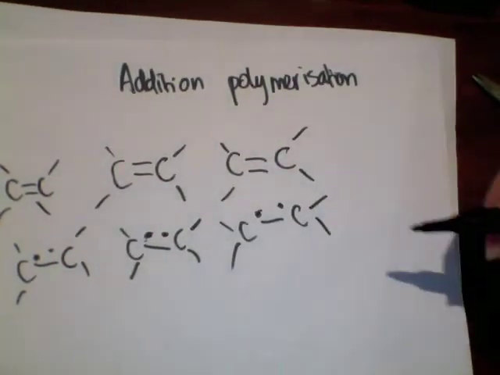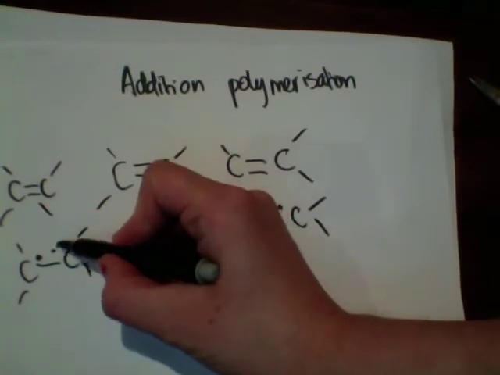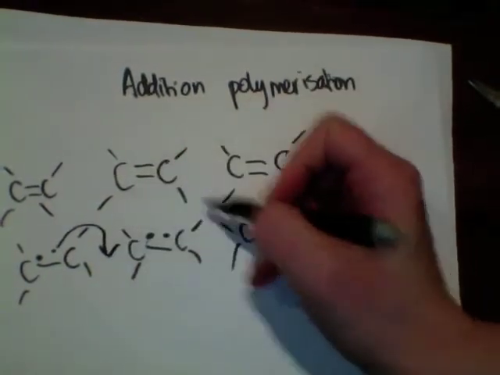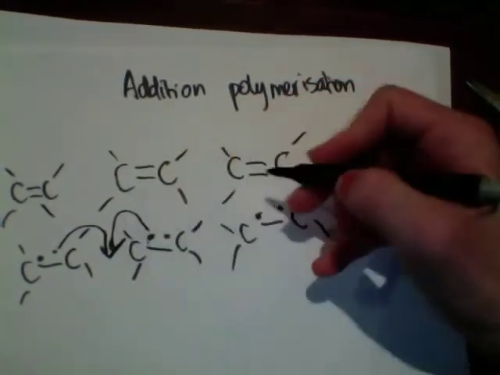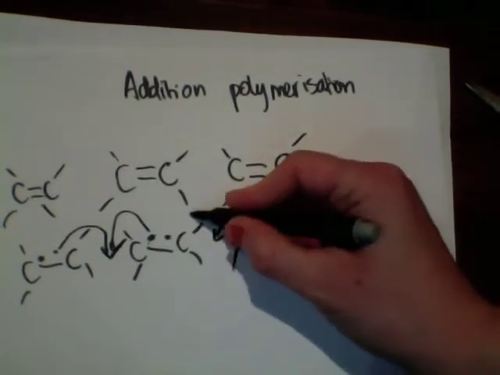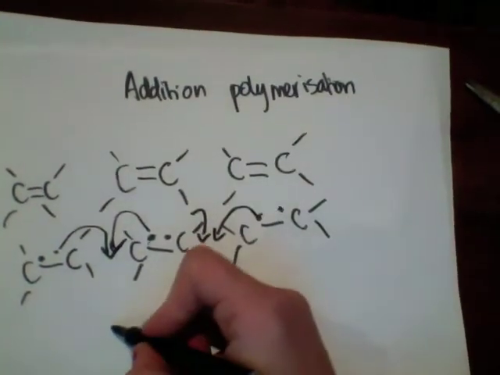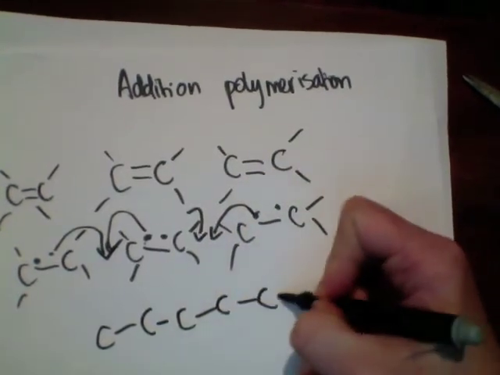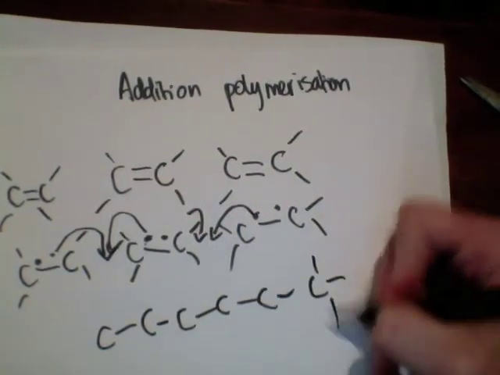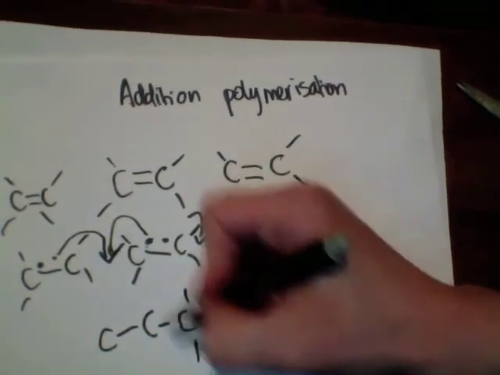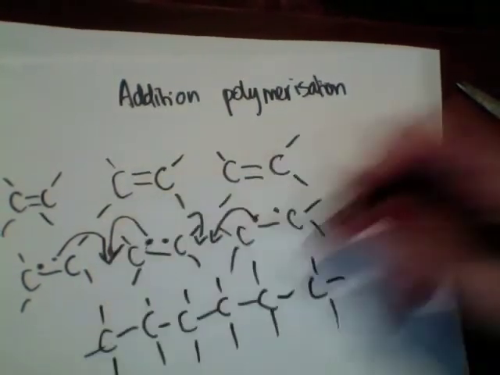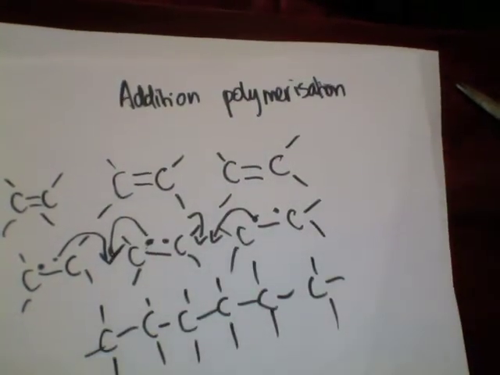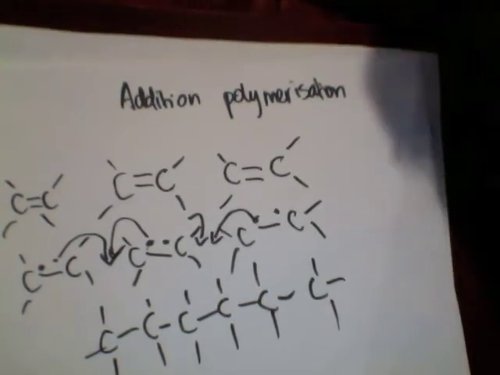We can actually get this case where this guy sees this straight away, and he sees him as well. He sees him, and he sees him. And what happens is we can end up with a case where they all bond together to form a long chain made out of many monomers.